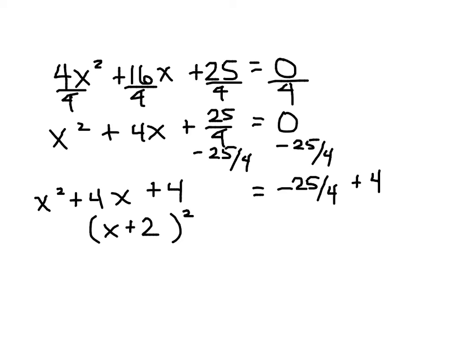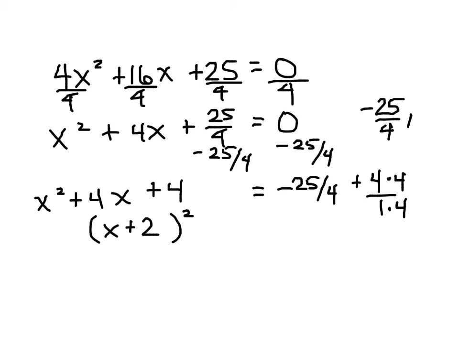On the right-hand side, we got a dilemma. We got a fraction with a whole number. So what I'm going to do with that is put the whole number over 1. Now I got to get a common denominator. What's the common denominator between 4 and 1? 4. So I got to multiply this by 4 and that by 4. Lots of 4s going on today. What's 16 times 4?